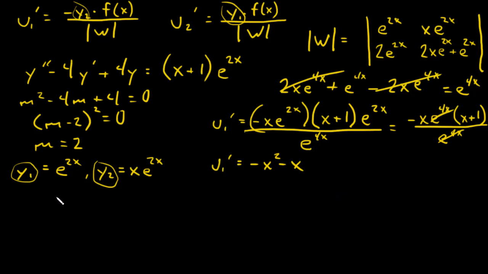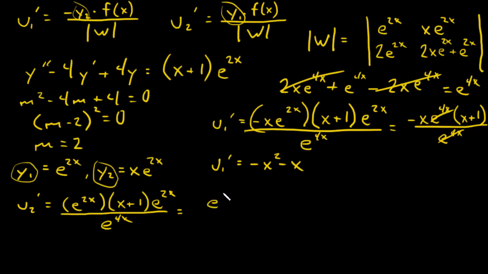What's my u2 prime? I have to do that right here. u2 prime is going to be y1 times f(x). So y1 is e^(2x), times my (x + 1) e^(2x), divided by the Wronskian, which we know is e^(4x).